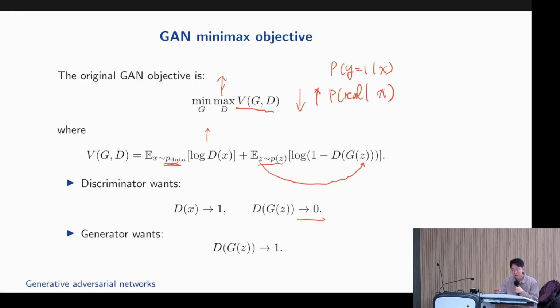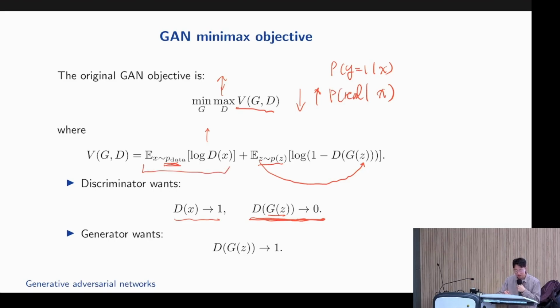Make sense? When the data is sampled from the real distribution, it wants to send this to 1. And when the sample is generated from the fake distribution and it's indeed fake, it's advantageous for the discriminator to output 0. How about the generator?